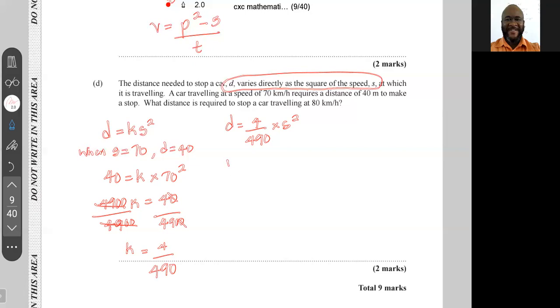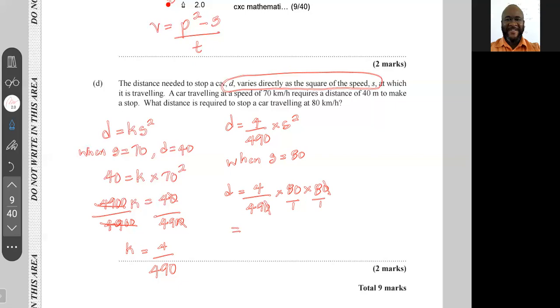So this is the same as saying when S is equal to 80, D is equal to 4 over 490 multiplied by 80 squared, which is 80 times 80. So 0 cancels 0.